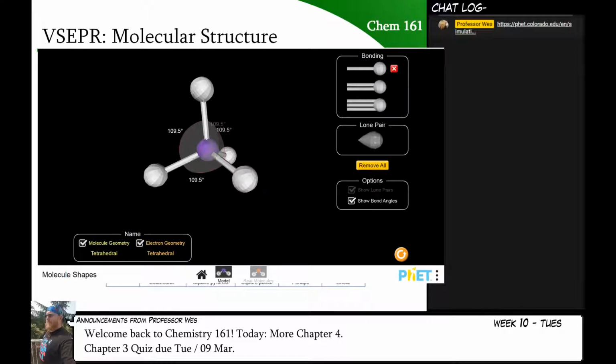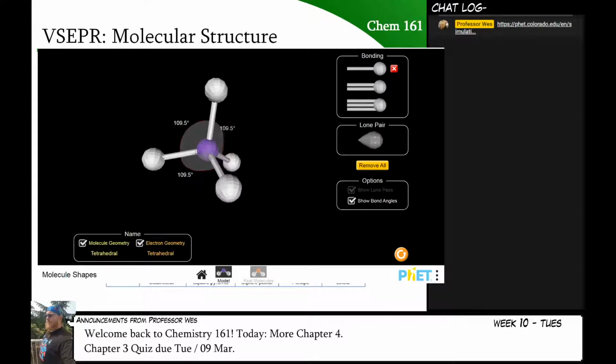In fact, for all of these, the molecular shape and the electron geometry will be identical if there are 0 electron pairs present, because the base shape, which is just what family it's in, how many electron domains there are total, will be the same as the actual molecule.